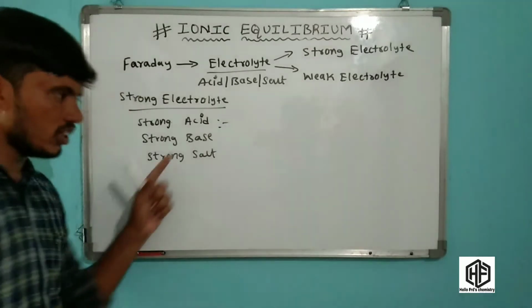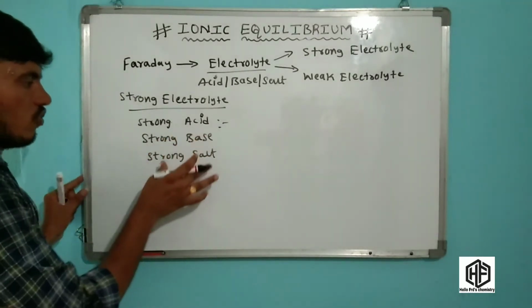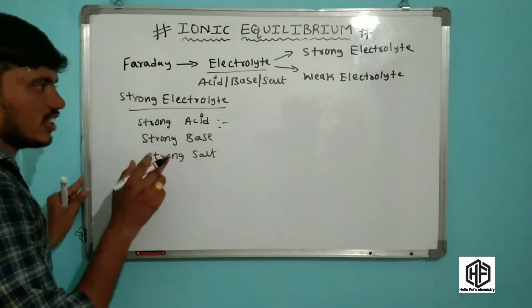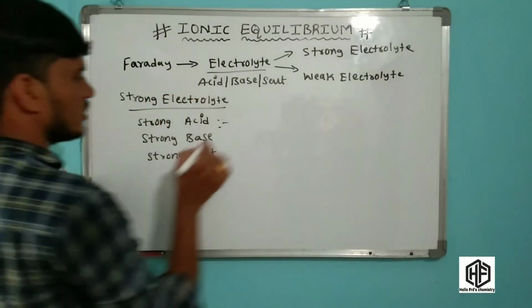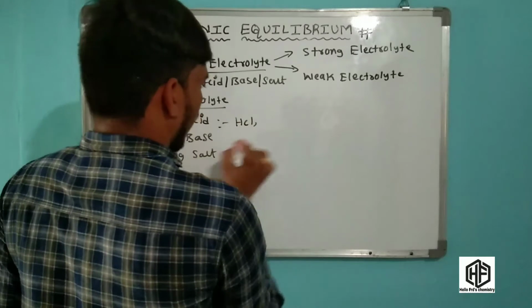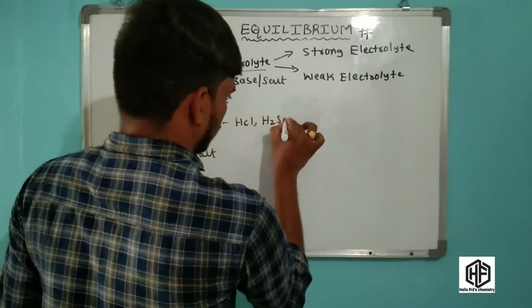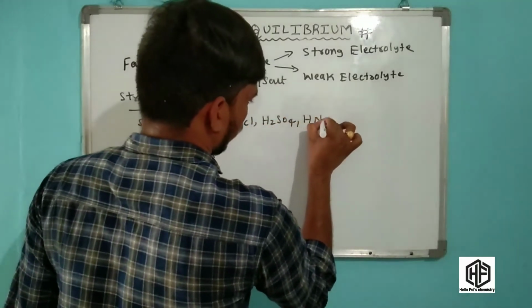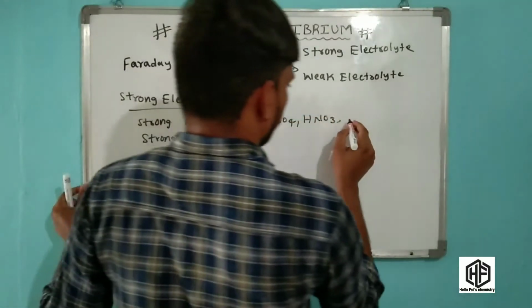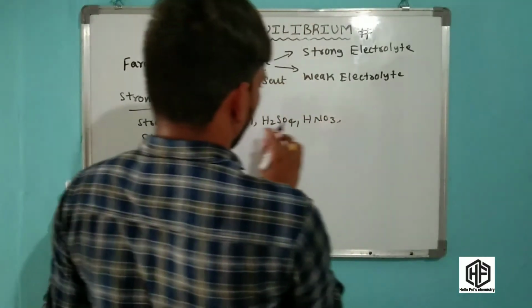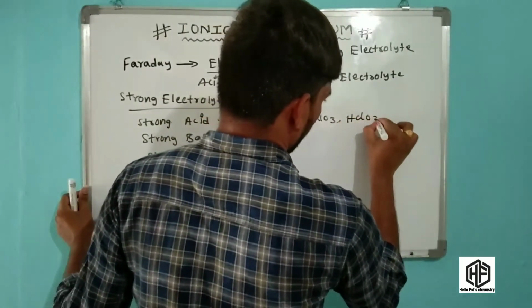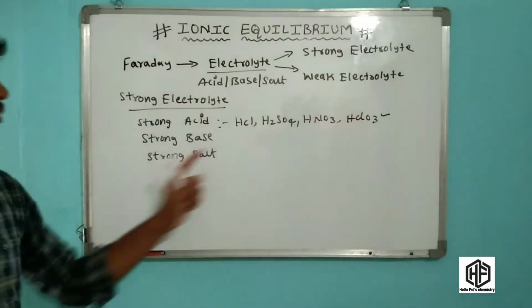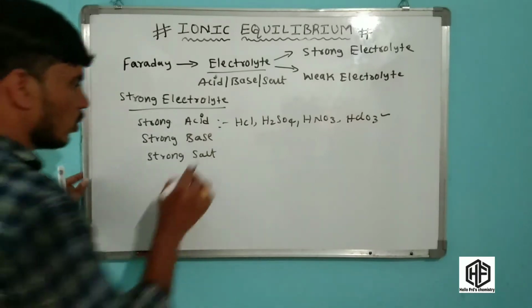Now first of all I am going to talk about these points, and after that I am going to explain the strong electrolytes briefly. Examples of strong acids are HCl, H2SO4, HNO3 and HClO3. These are examples of strong acids. Now you know strong bases.